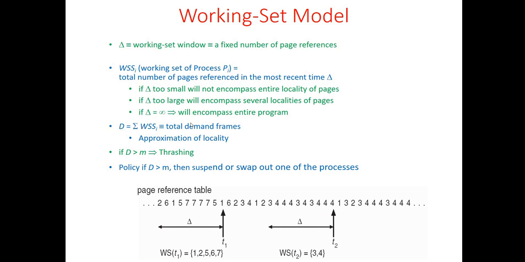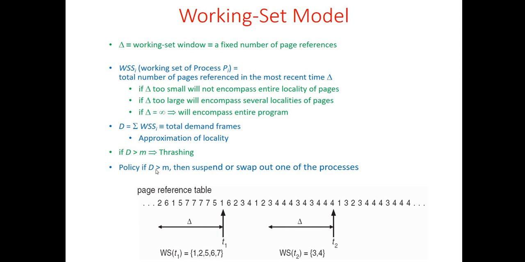Here D is the total demand for frames across all the working set windows. If D is greater than M, where M is the number of frames available in the physical memory, that is, if the total demand for frames is greater than the available number of frames in the physical memory, this leads to thrashing.